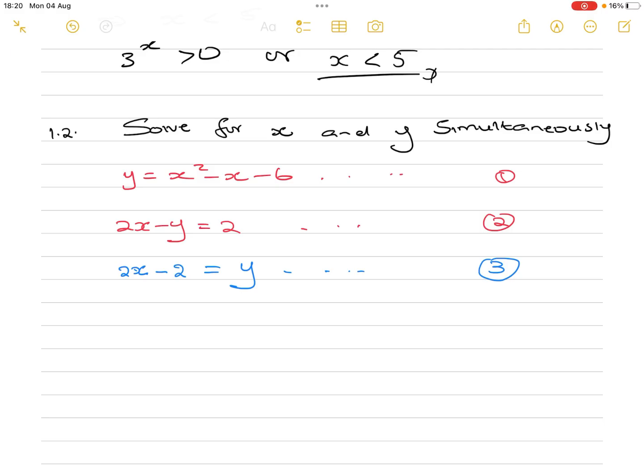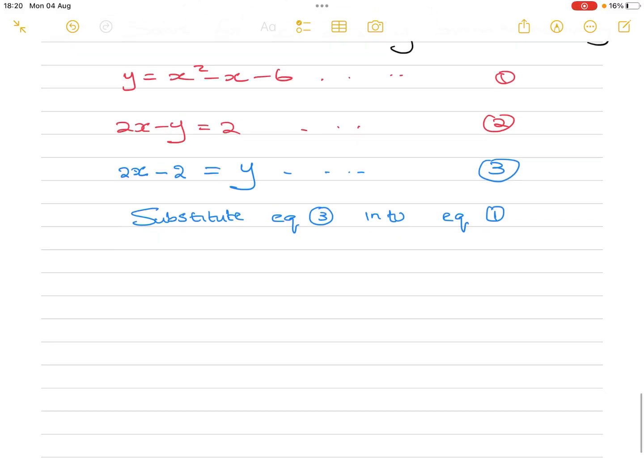So now, what are we going to do now? We are going to substitute equation number 3 into equation number what? Equation number 1. So how do I do this?